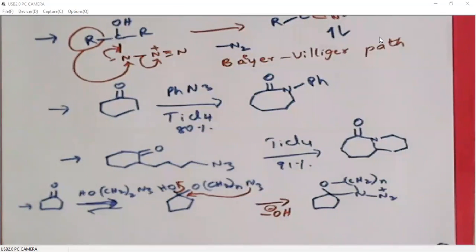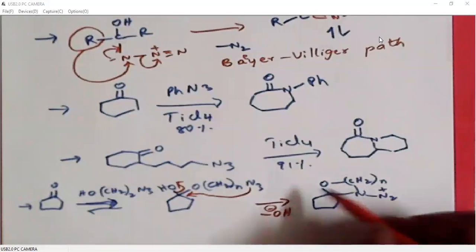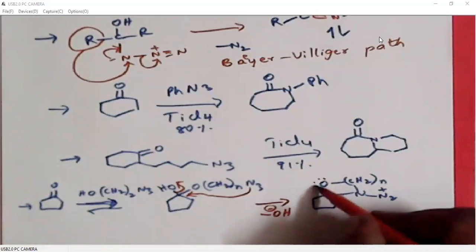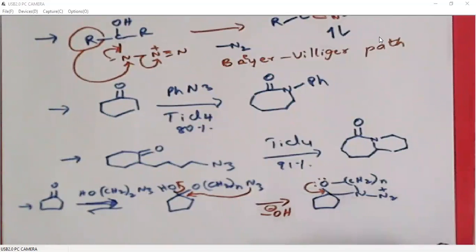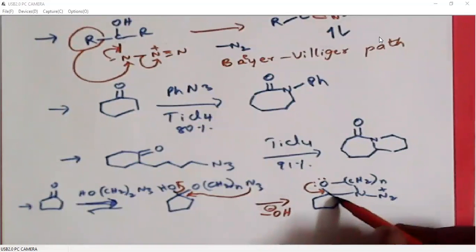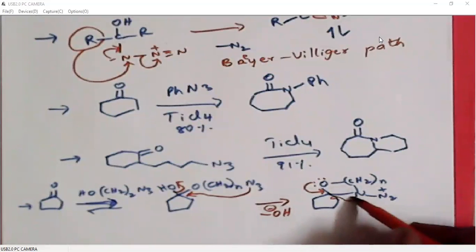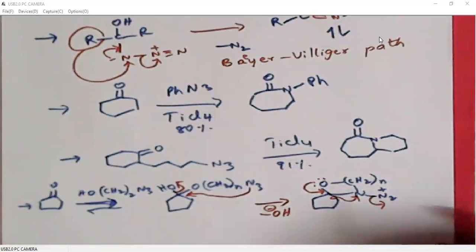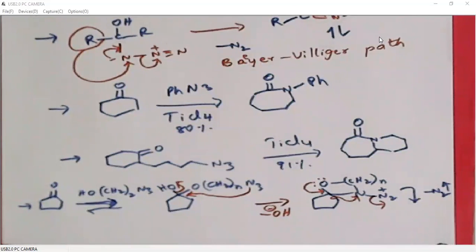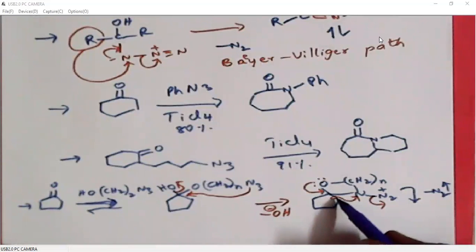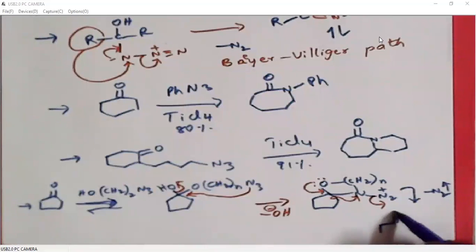Right now, in this molecule, the lone pair on oxygen can be polarized towards this carbon so that this alkyl migration takes place to nitrogen and N2 will be leaving. Nitrogen is leaving, nitrogen gas. So the product here is, it is a 5-membered ring. After alkyl migration, it becomes a 6-membered ring.